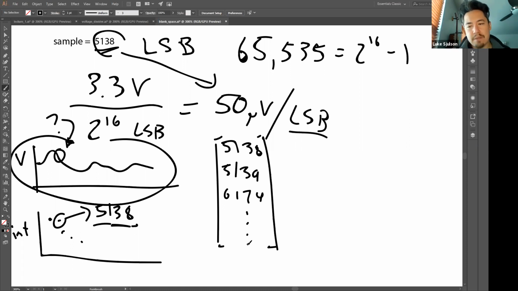Those numbers correspond to voltages at the sensor. The correspondence is determined by the sensor going from 0 to 3.3 volts, and it maps that range onto the numbers 0 to 65,535, because it's a 16-bit A to D converter.